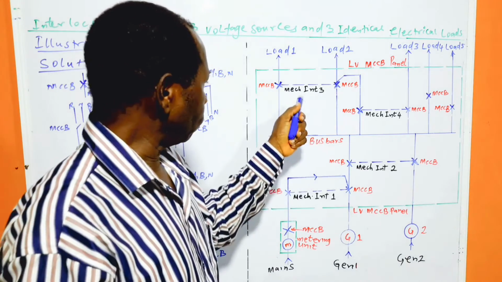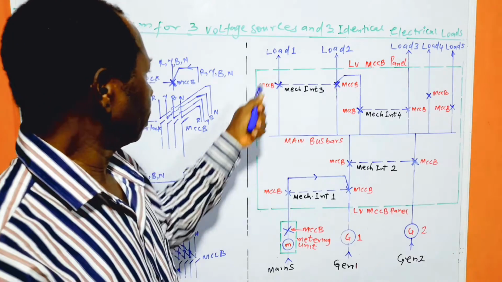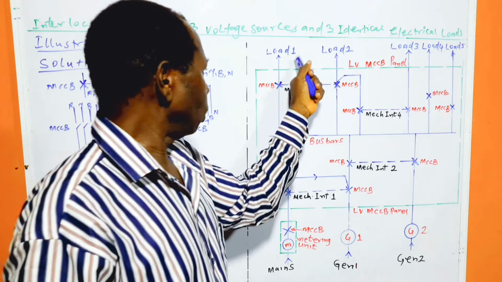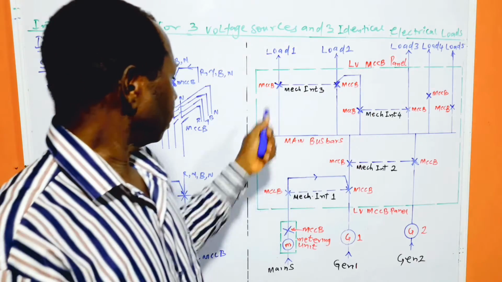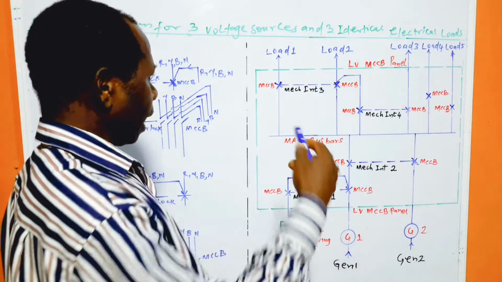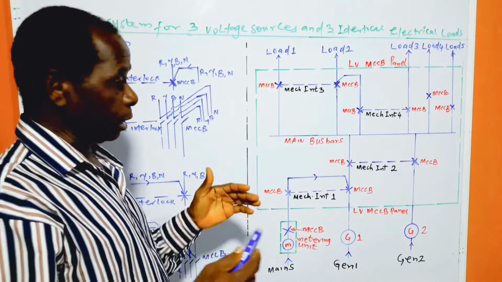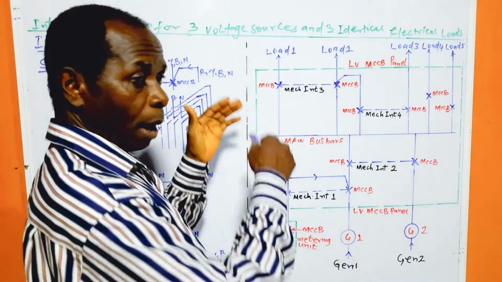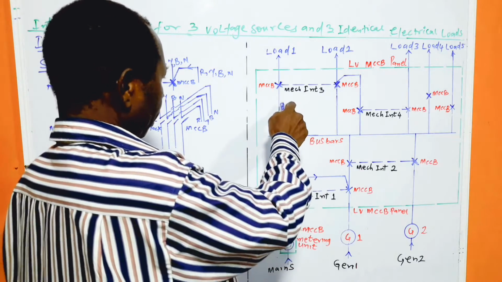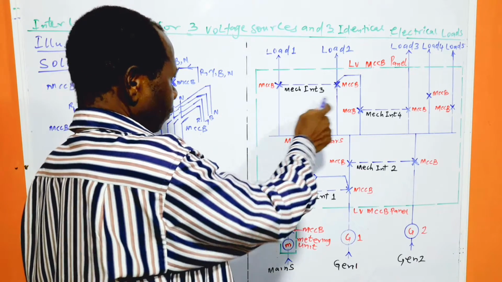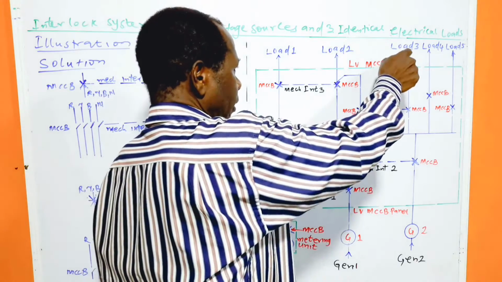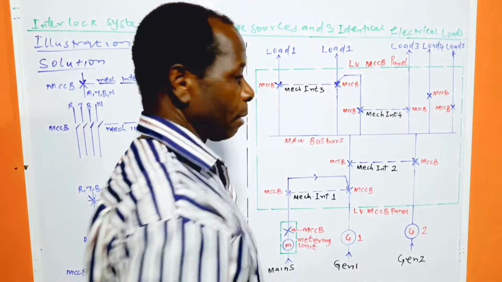So, now we look at the load side. These are the identical loads. Load 1, load 2, load 3. Now, what we are saying is that, assuming we have 3 identical chillers in the chill water system, we need to power them. So, let's say we have 2 chillers operating at a time, while the other one, chiller 3, will be on standby.